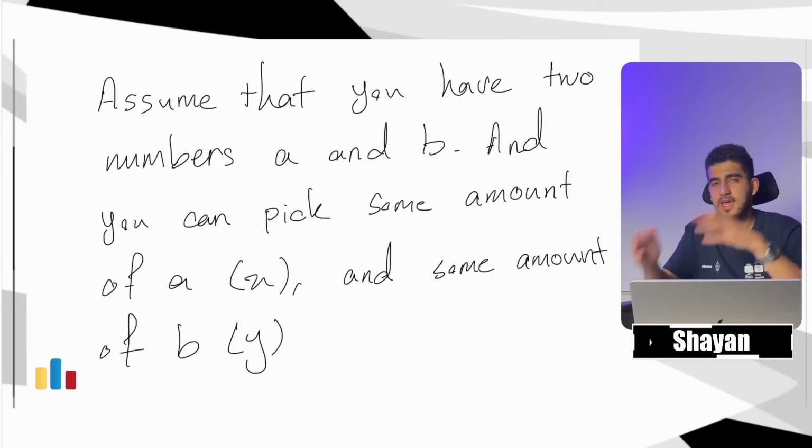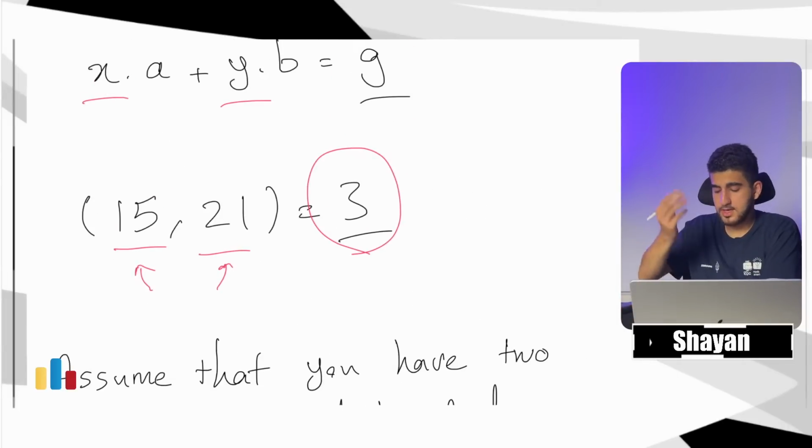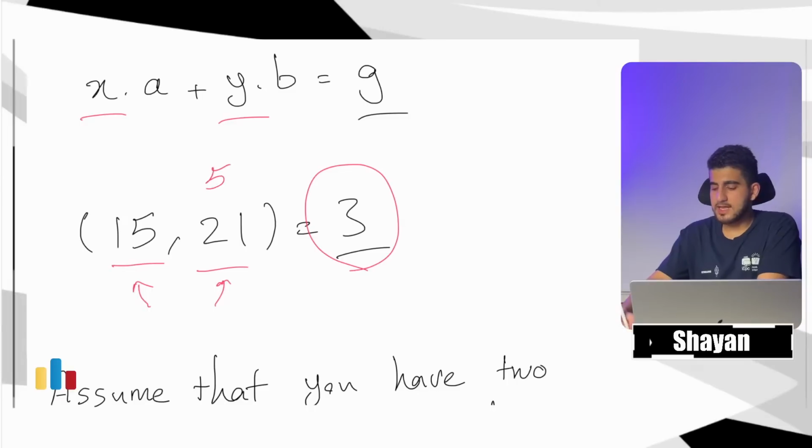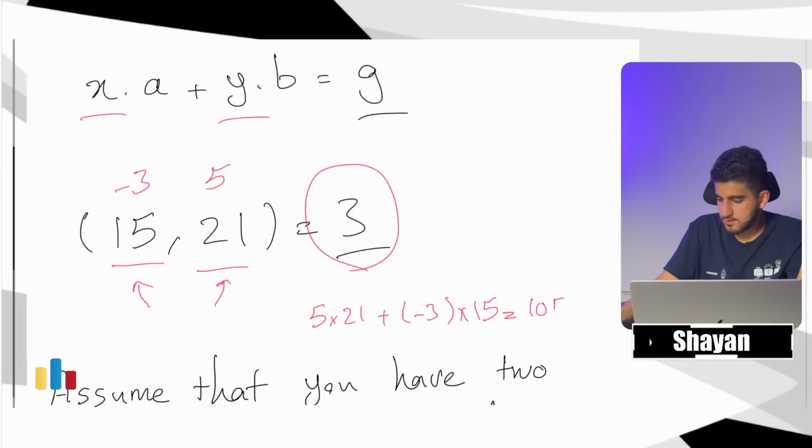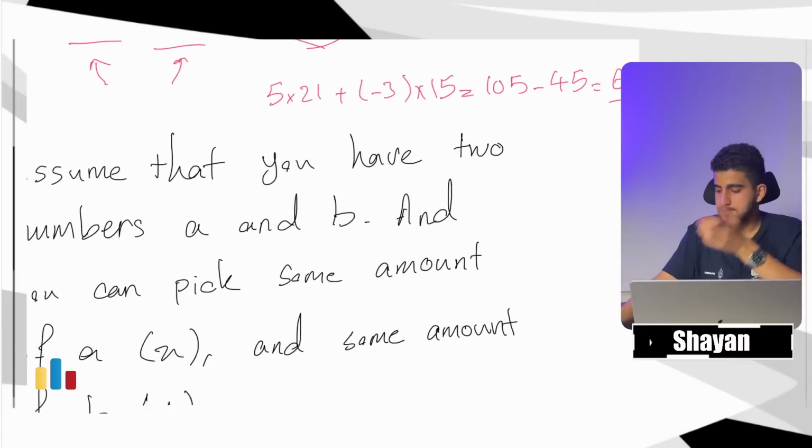For example, you can pick x a's and y b's. For example, you can pick 5 21s and minus 3 15s. Then the number that you get is 5 times 21 plus minus 3 times 15. It is 105 for 5 times 21, and minus 45. The answer is 60.